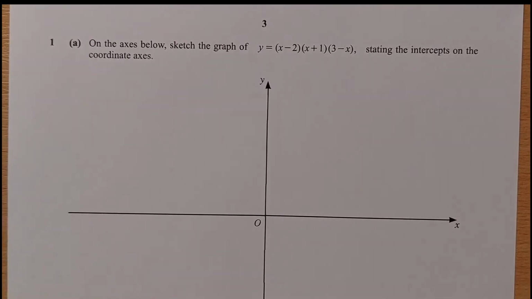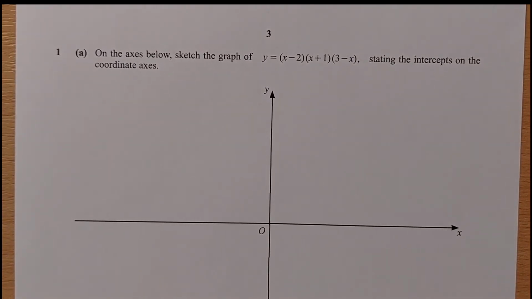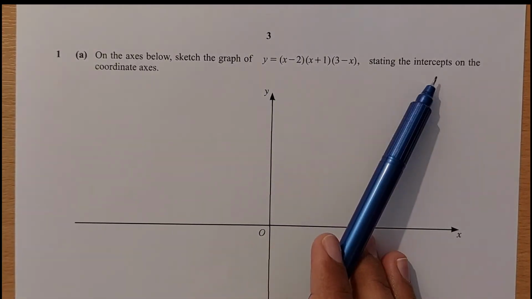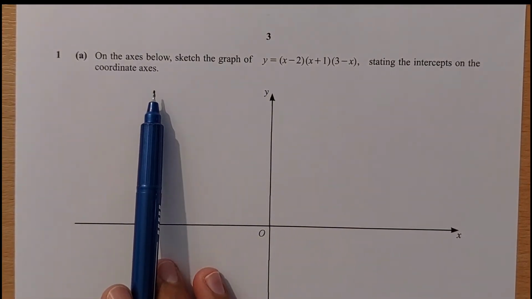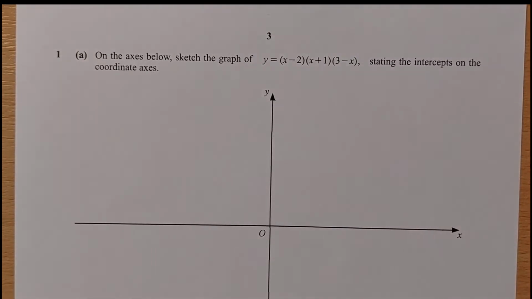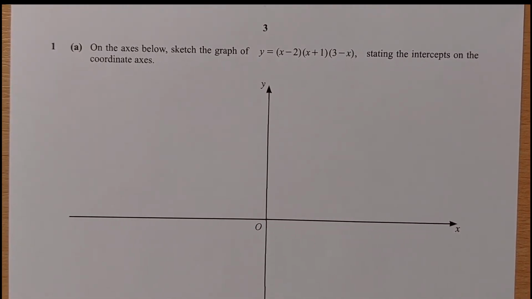In question number 1, A part, on the axis below, sketch the graph of this function stating the intercepts on the coordinate axis. So this is a polynomial function in factored form, right? So let me graph this polynomial function.